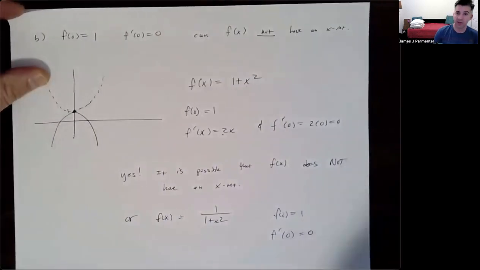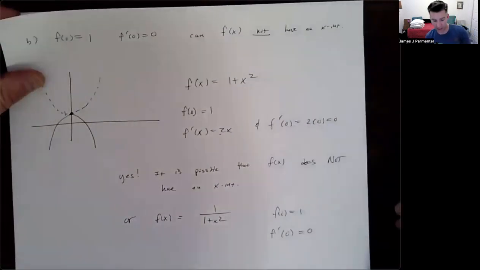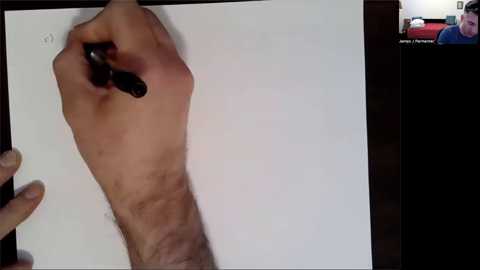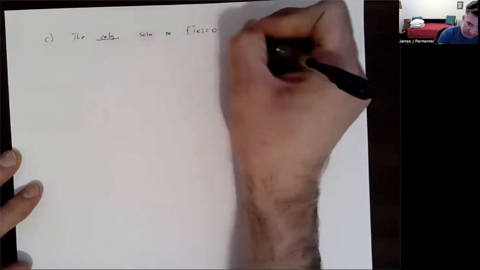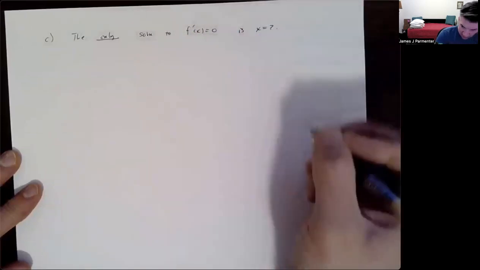And finally, the last question on this practice test. So again, we're assuming the differentiability and the continuity, but we're not assuming anything from part A or B in this next question. So now we are told the following. The only, I would focus on that word, solution to f prime of x equal to 0 is x equal to 2.